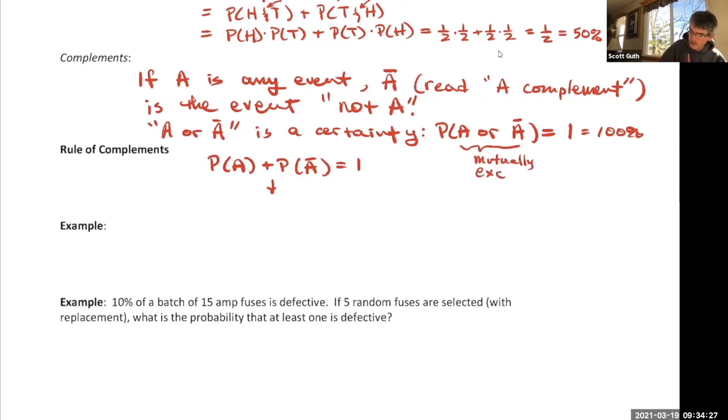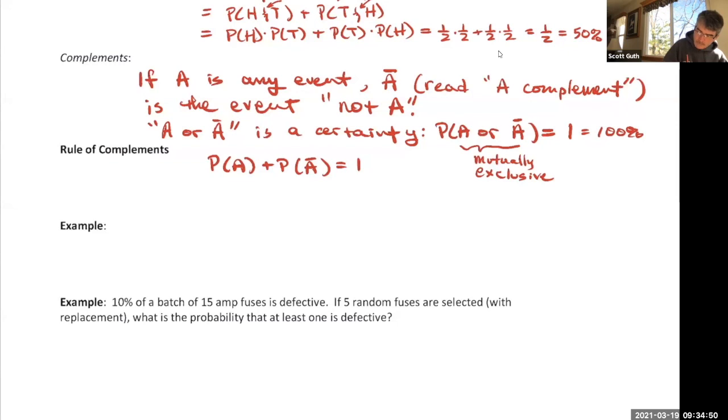Therefore, "or" changes to plus with the addition rule. No probability can go bigger than 1. So these will be exactly the complement of each other, which is to say they will exactly add up to 1.